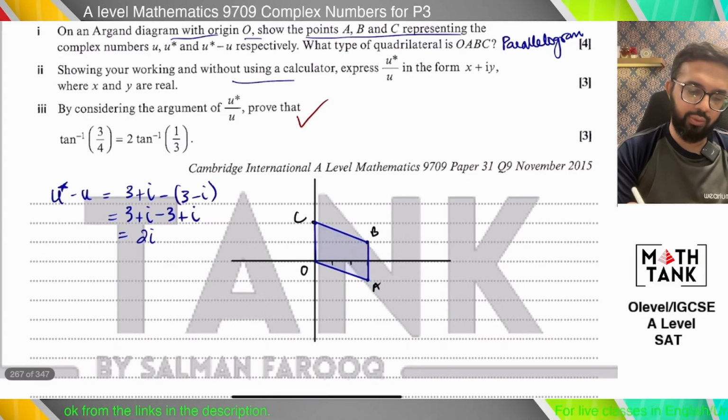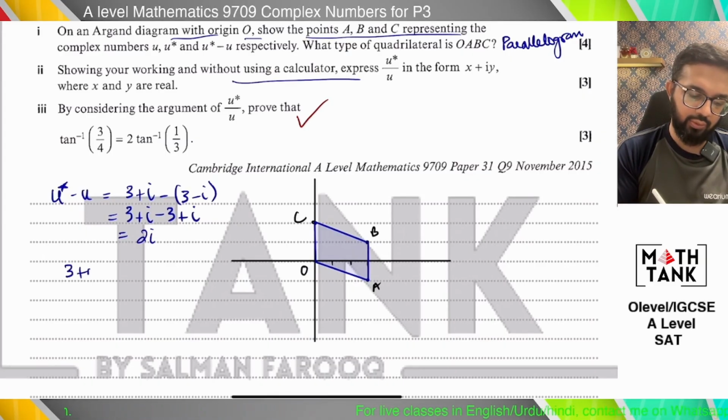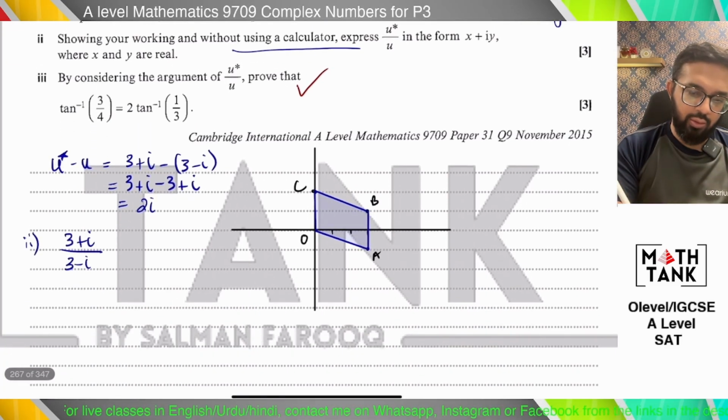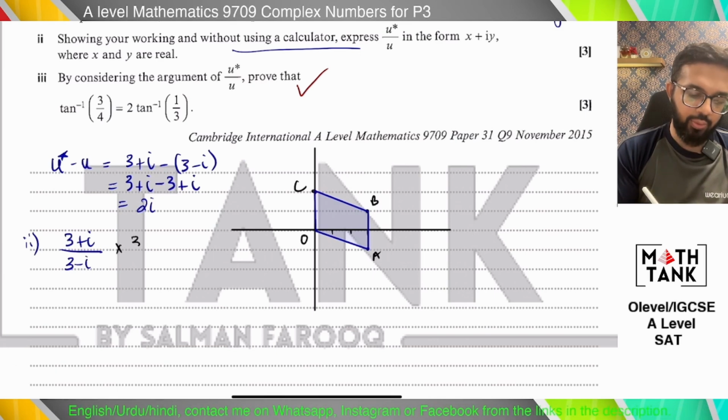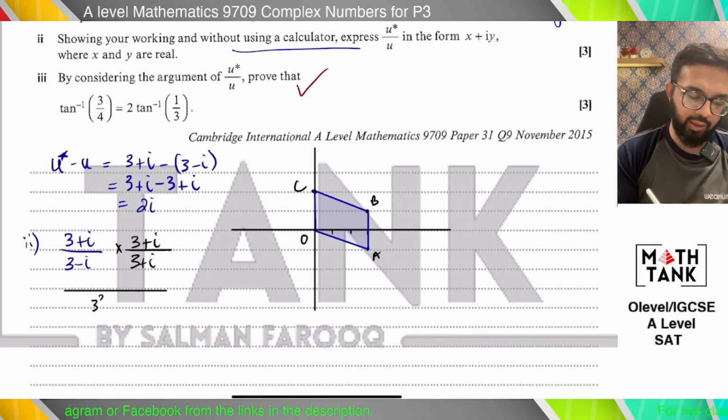Showing your working without using a calculator, u star over u. So I think that's simple. 3 plus i over 3 minus i. To do the conjugate, to do the rationalization part, you'd have to multiply it with 3 plus i and 3 plus i. That gives you 3 squared minus i squared, and in the numerator it gives me (3 plus i) whole squared.